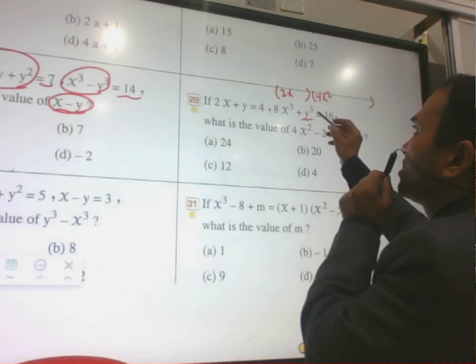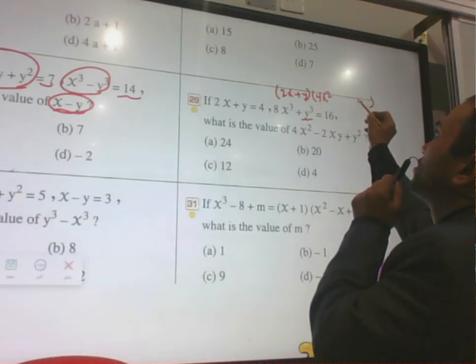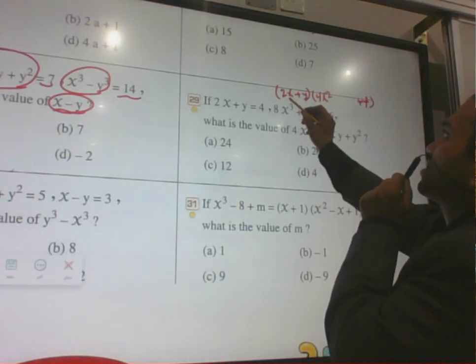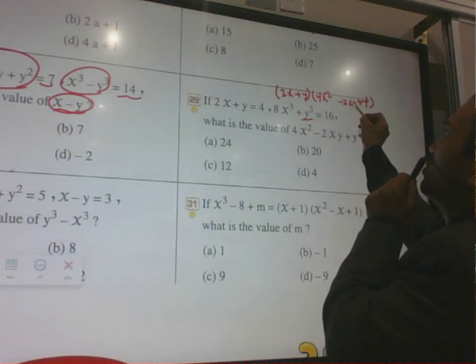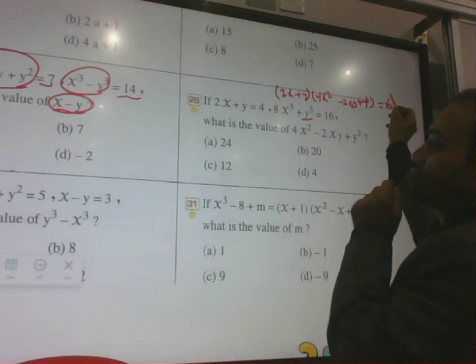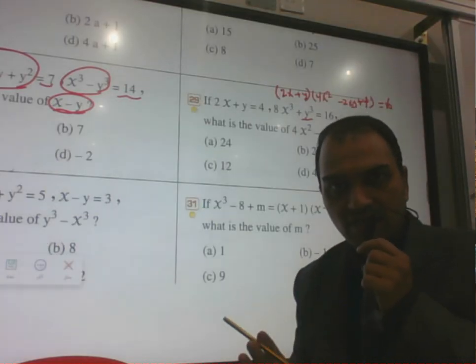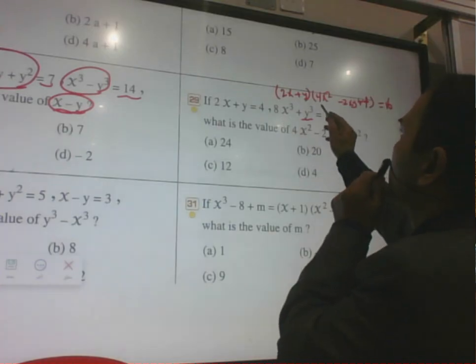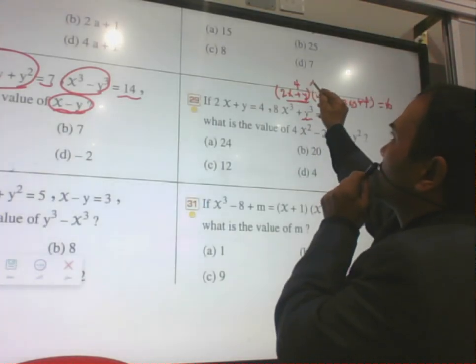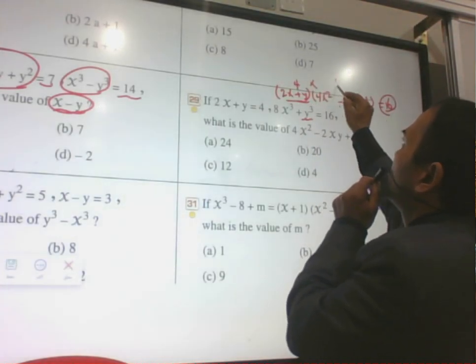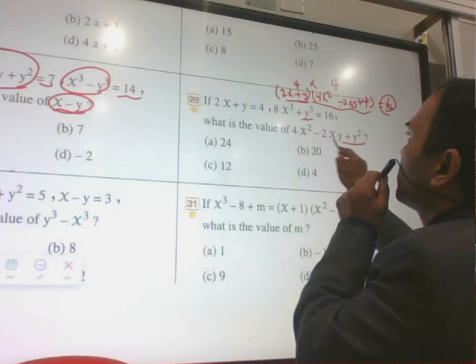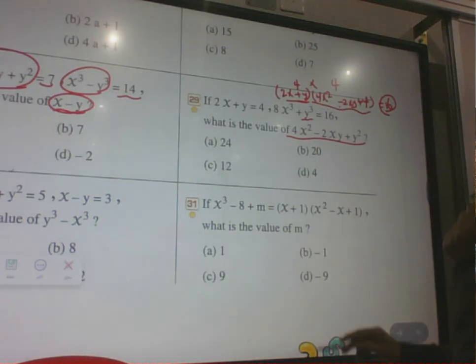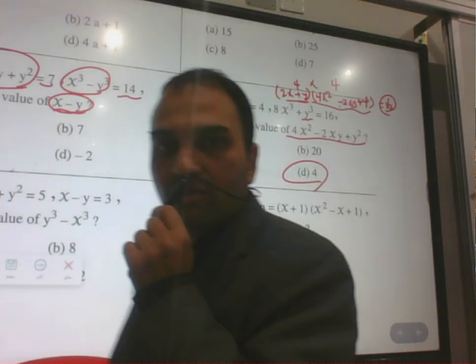And the cube root of the second will be y, y squared, and for the middle, multiply the first and second and change the sign, so negative 2xy. He gives me the answer: the product between them was 16. In the example the product is 16, but 2x + y is 4. So ask yourself, 4 times what equals 16? 4 times 4. Then the value of the bigger expression here will be 4, okay, because 4 times 4 equals 16.